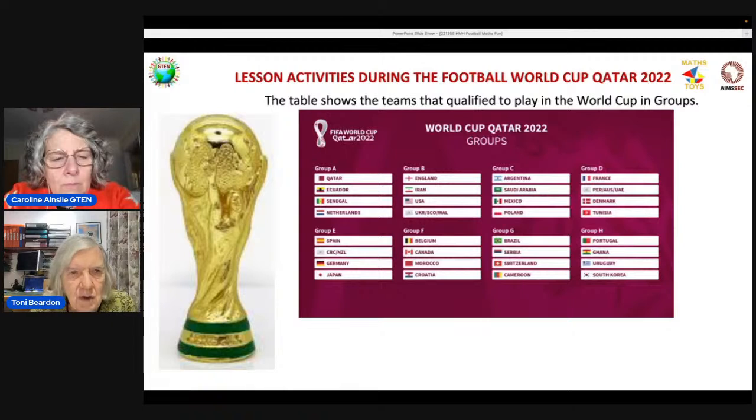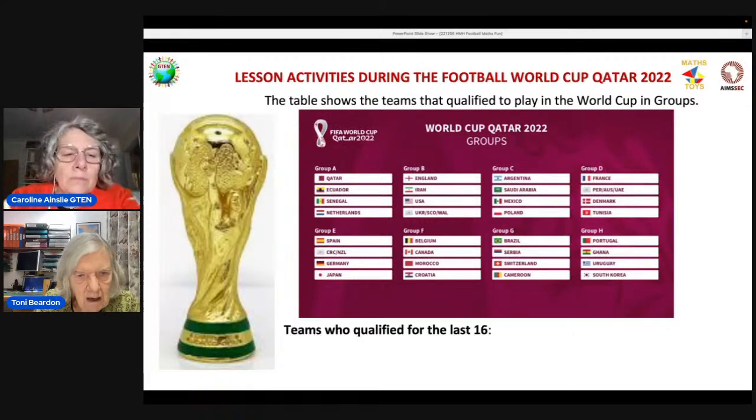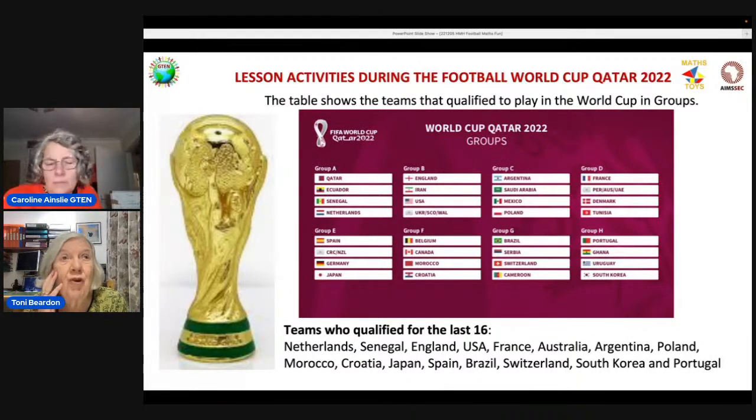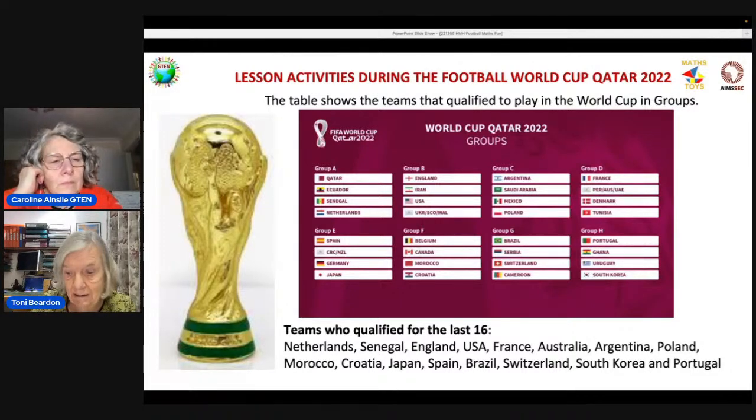Okay, so how many teams qualified for the last 16? These are the teams. England has just played Senegal, and then we'll go on to play France. I don't remember who's playing who in the next few weeks, but by Friday, these 16 will be reduced to 8.